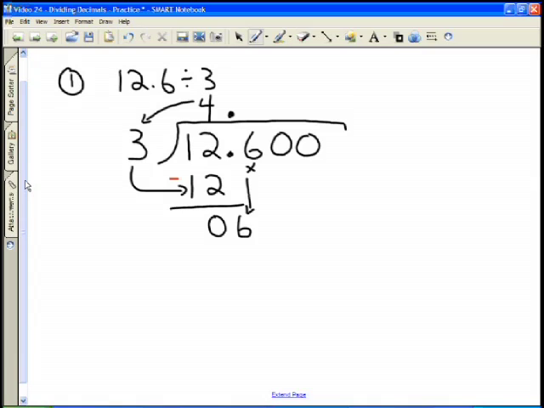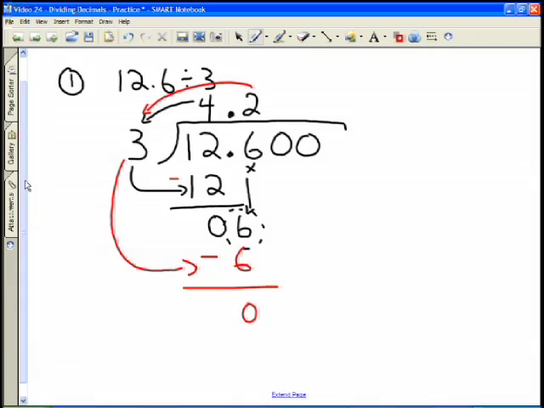Now how many times does 3 go into 6? 3 goes into 6 2 times. Now we multiply 2 times 3 is 6. We write it underneath and subtract, and 6 minus 6 is 0. So we know then that 12.6 divided by 3 is equal to 4.2.